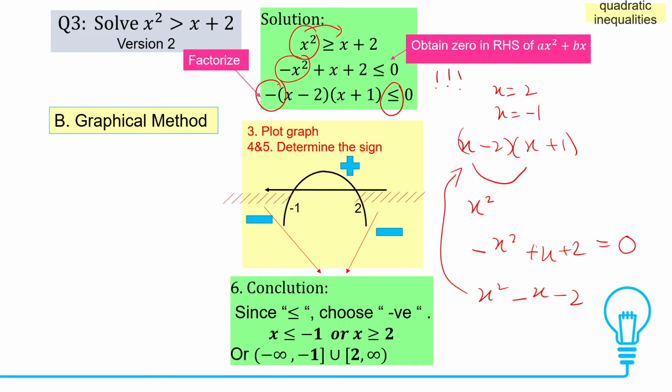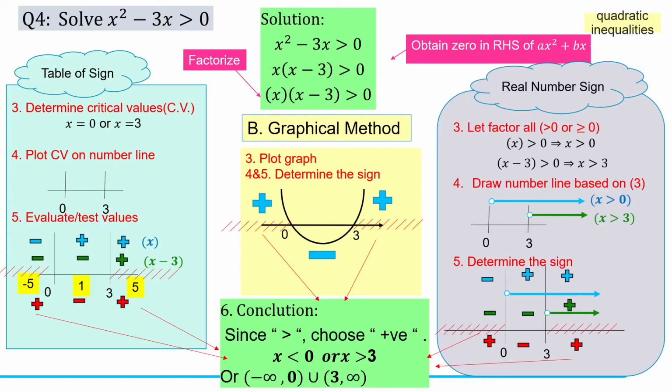But if you are familiar with this method, you can go ahead. Now how about x squared minus 3x greater than 0? This question is no different from the others. The only thing is the factor.